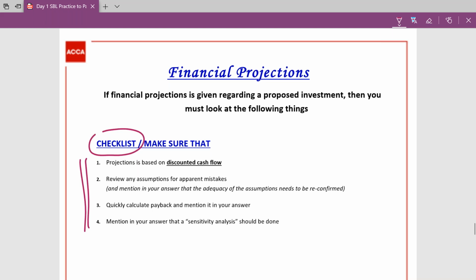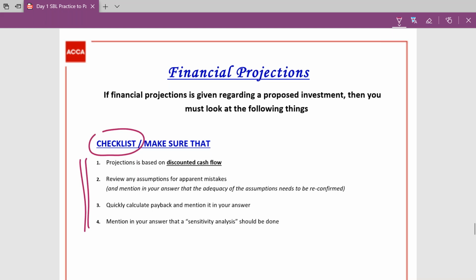We look at NPVs, we look at IRRs, we do not look at accounting profits, right? So the first and basic thing is to make sure that the projection sitting in front of you is based on discounted cash flows.